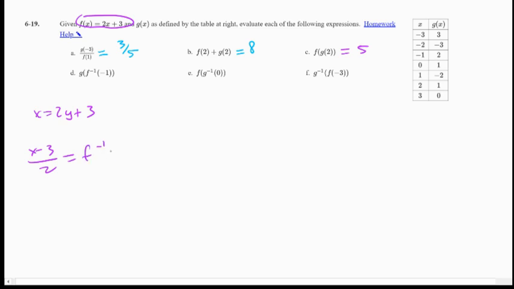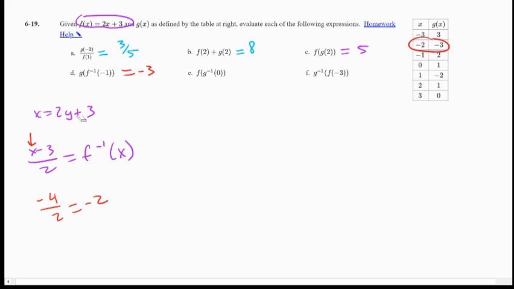There's my inverse function of f. And so f inverse of negative 1 would be plugging in negative 1 into here, which becomes negative 4 over 2, which is just negative 2. So now I just did that part, g of negative 2, which in this case is equal to negative 3.